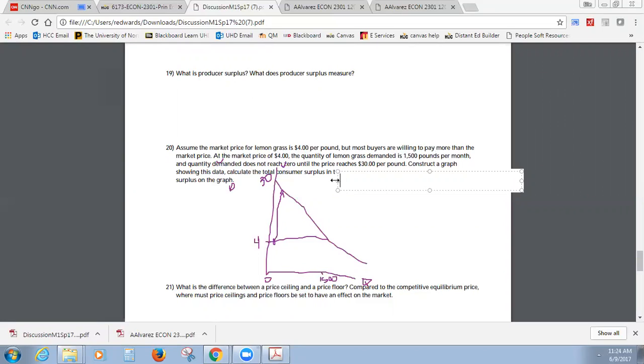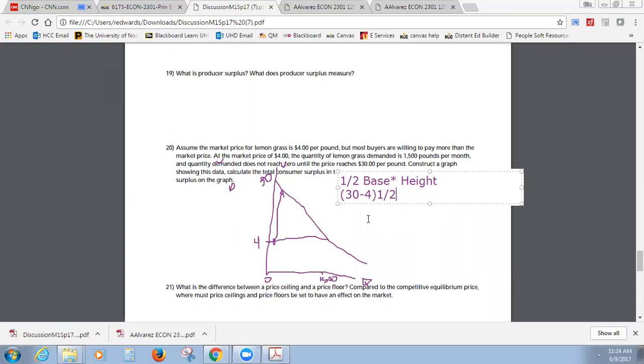So the formula of a triangle is 1/2 base times height. And so therefore, you're going to have 30 minus 4, times 1/2.